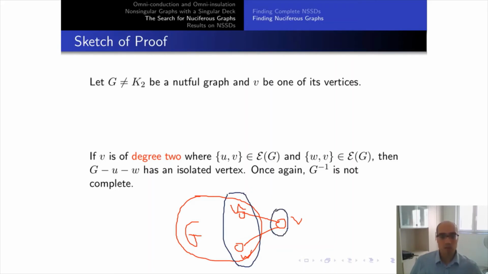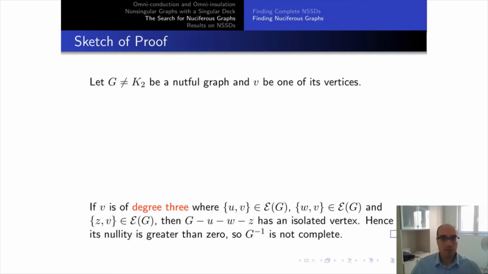So the same argument holds. G minus U minus W is of nullity 2, which means that the inverse matrix must have a non-edge between U and V, so it is not complete. So the original graph wasn't nut-full after all.